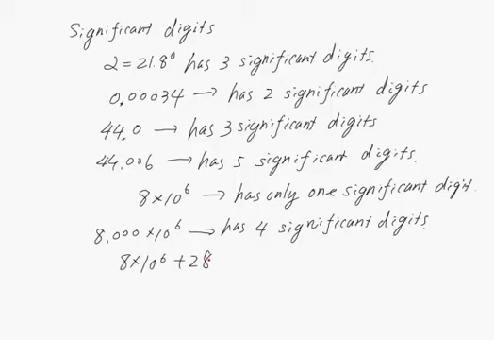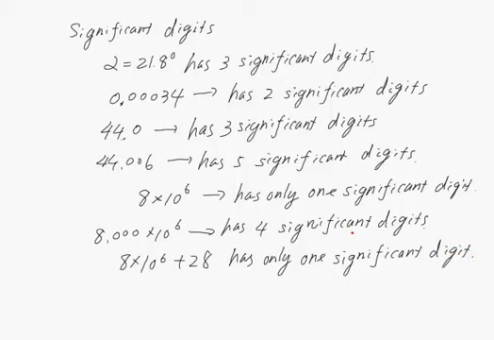Then in this case, this result actually has only one significant digit.